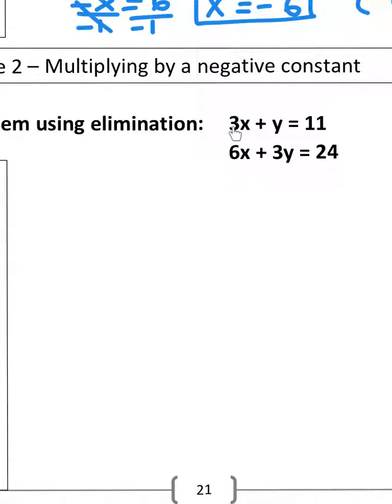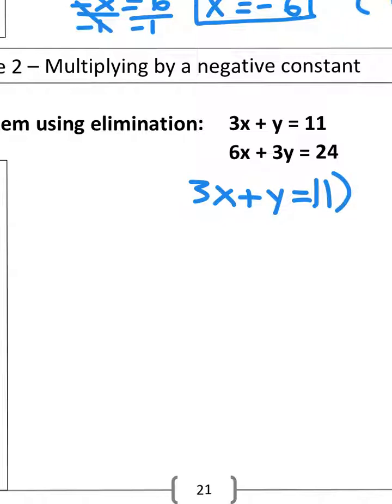This is the one I'm going to want to multiply, the 3x plus y equals 11. Now I could either multiply by negative 2 to turn this 3x into a negative 6x, which would be opposite, or I can multiply times negative 3, which would turn this y into a negative 3y. So I'm going to go with negative 2, my first option, and I'm going to rewrite that equation. 3x plus y equals 11.